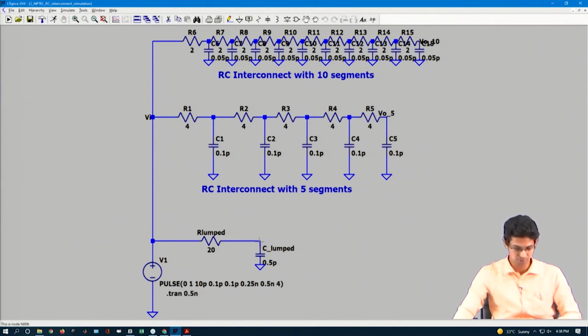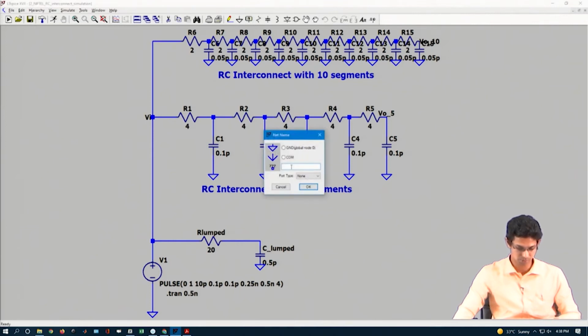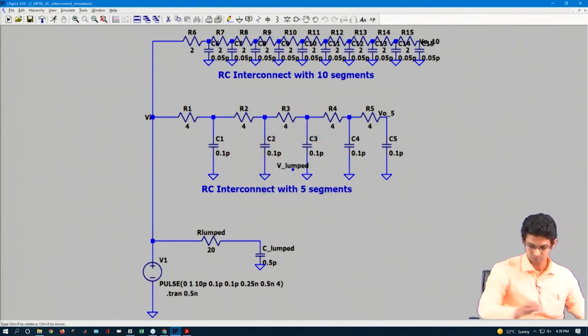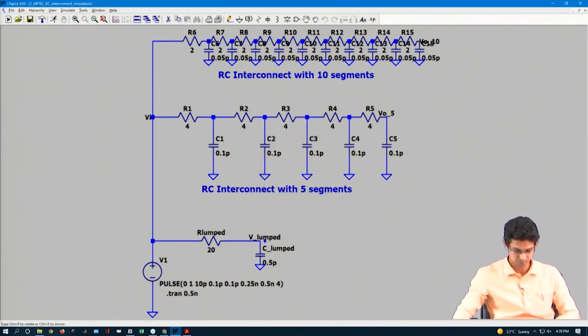So, what you have is C lumped here, this is R lumped, this is the lumped component and these are the distributed components. I have not labeled it here, so let me create a label. This is V lumped. Let me place a V lumped here.